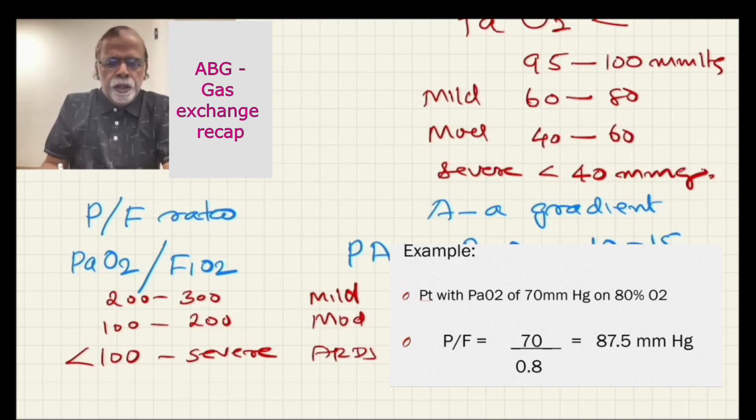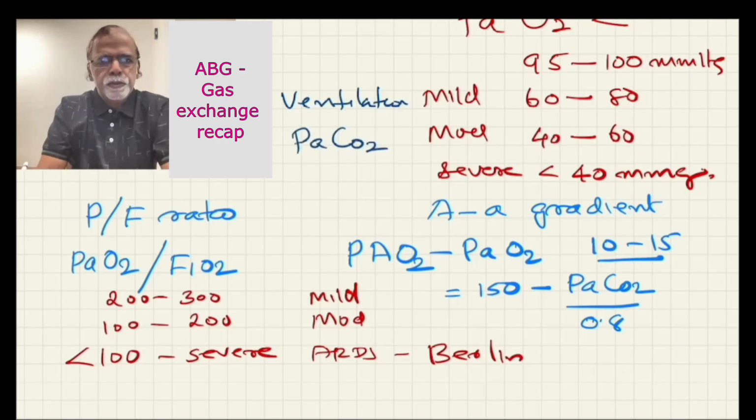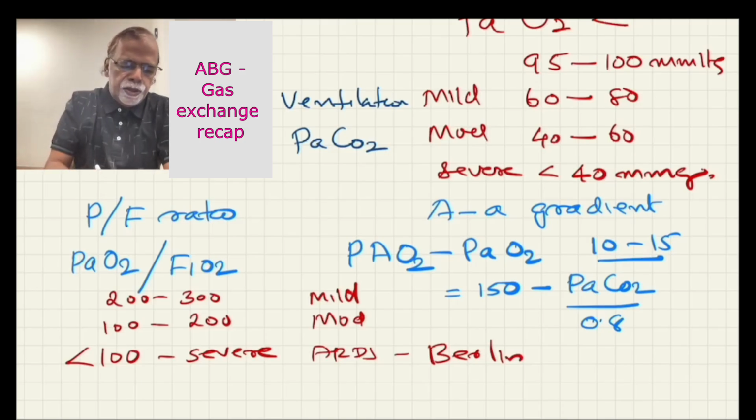In the gas exchange, we have already mentioned that ventilation has to be assessed. Ventilation assessment is by looking at the PaCO₂. Carbon dioxide normally is 35 to 45 millimeters of mercury.